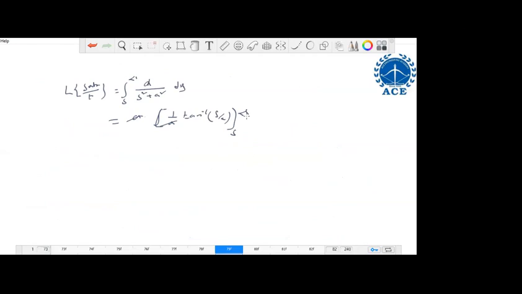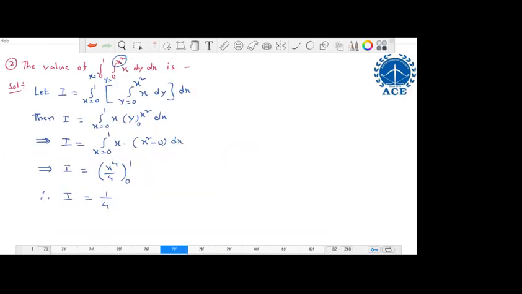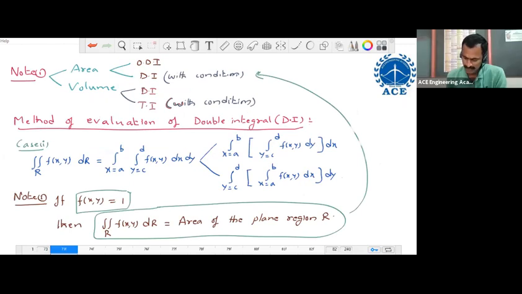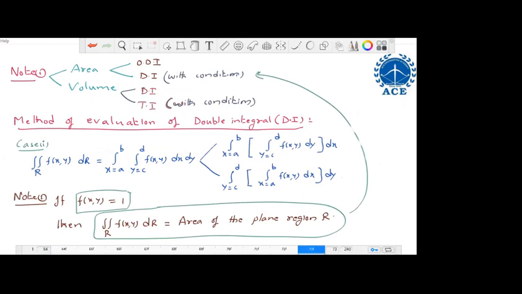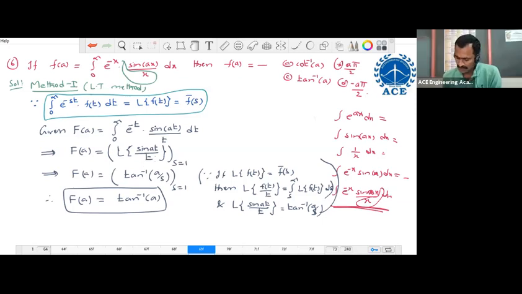Then how was your answer coming as tan inverse of a by s? Page number 69, sin at by t.